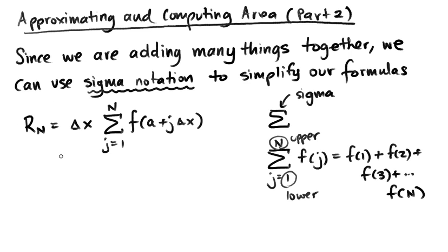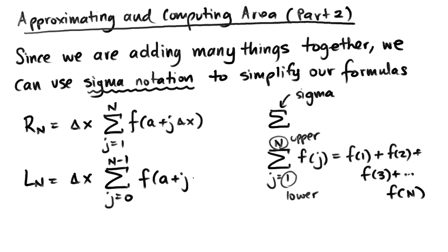A similar sigma notation formula can be found for the left endpoints, and that would be delta x times the sigma notation from j equals 0 to n minus 1, because you're using left endpoints. You have slightly different variables there, and your function notation is still the same.